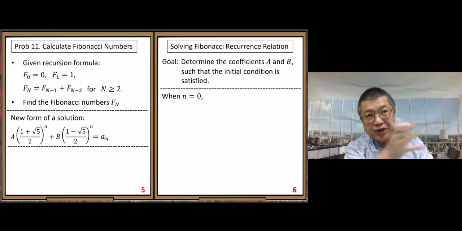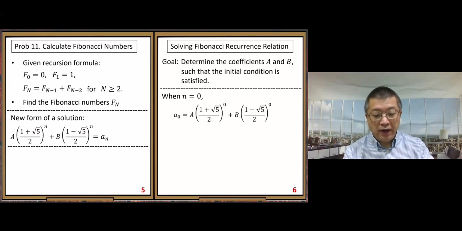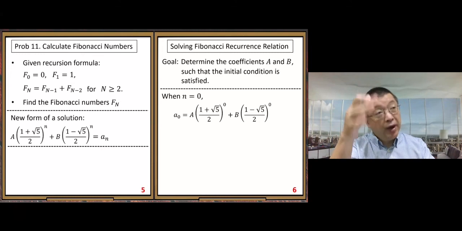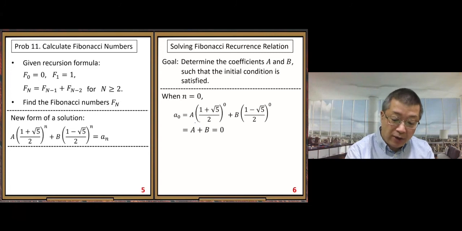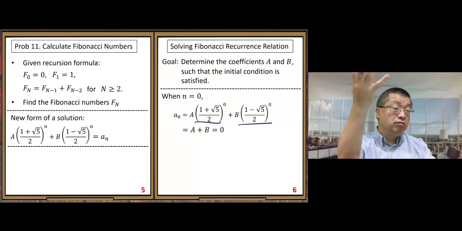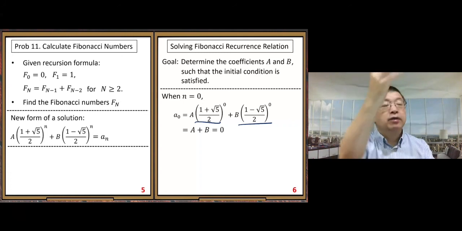When n equals 0, let's plug in n equals 0 in our general solution format. So we get a0 equals this expression, and then we know a0 equals 0. So we simplify the parentheses. A non-zero number to the 0th power is 1.